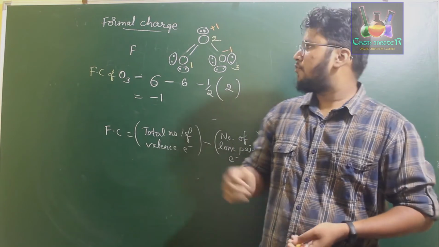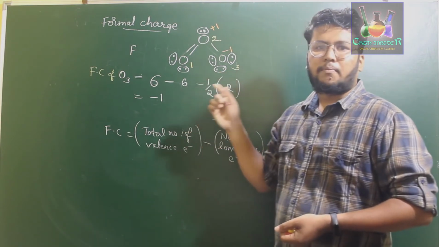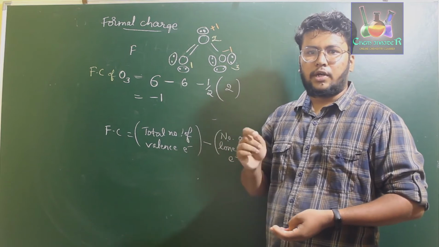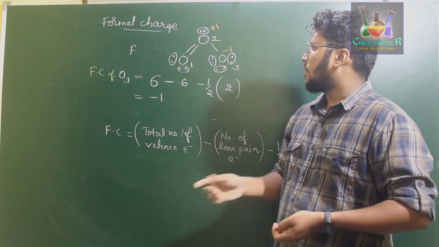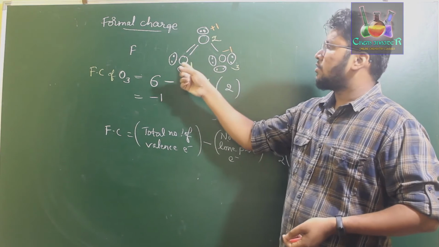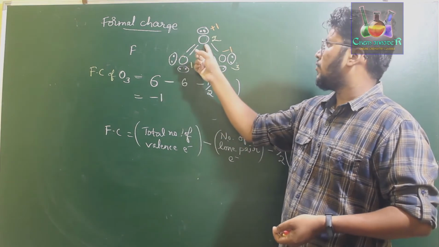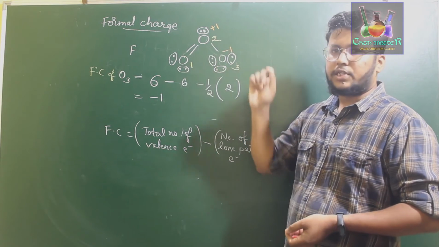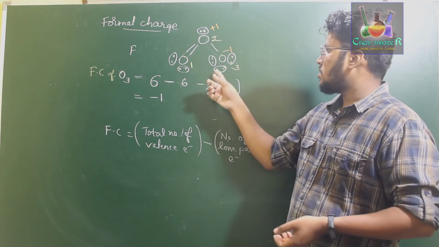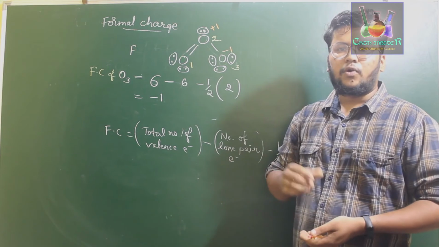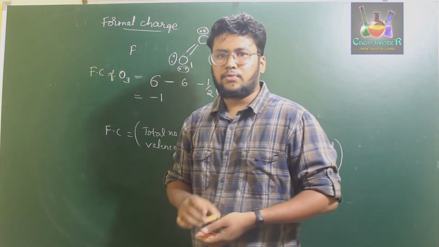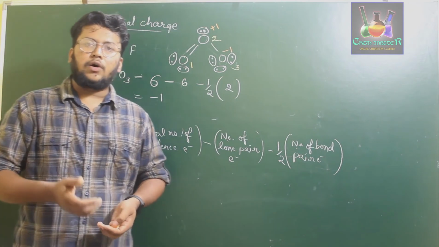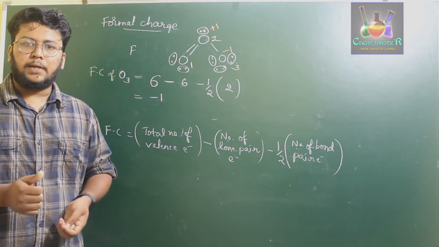The exact structure for the ozone molecule, applicable in all conditions or in all states of matter, is O3 with one oxygen with formal charge 0, one with formal charge plus 1, and one with formal charge minus 1. This is the structure you have to follow in order to write the structure of the ozone molecule. So this is how the formal charge of an atom or ion in a polyatomic species comes into play.